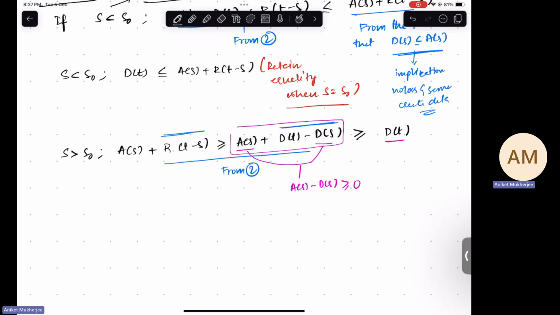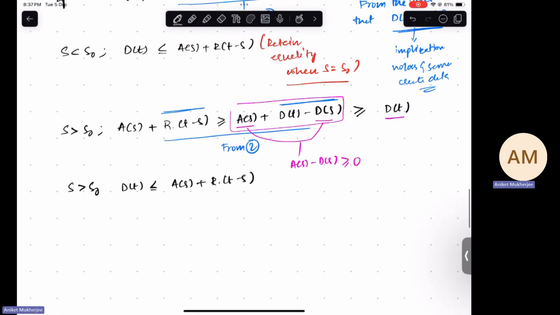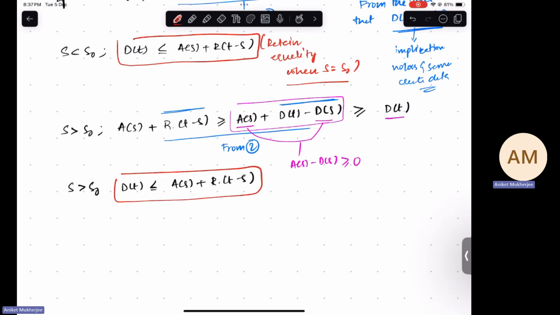Now, what do you get from here? Again, for s greater than s0, you get d(t) less than or equal to A(s) plus r into (t minus s), right? So now for any s between 0 and t, you see that it satisfies this property of d(t) less than or equal to A(s) plus r(t minus s).